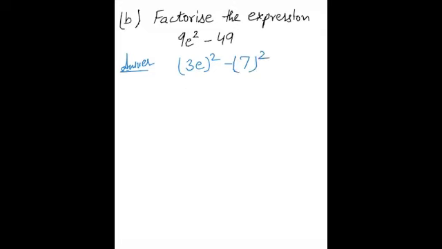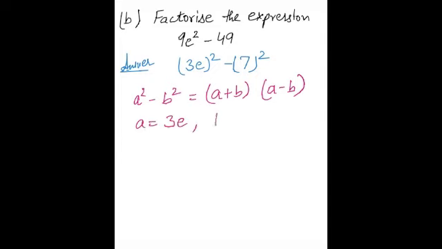Why do we do that? In order to make this formula work, we know there is a formula a square minus b square will give you a plus b and a minus b, and in this case a is equal to 3e, b is equal to 7.